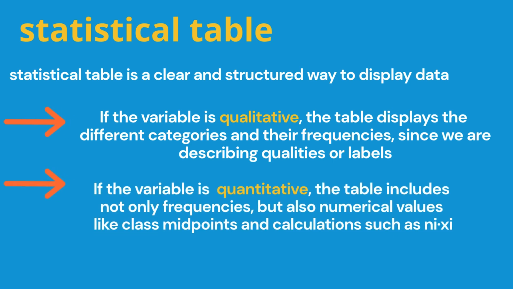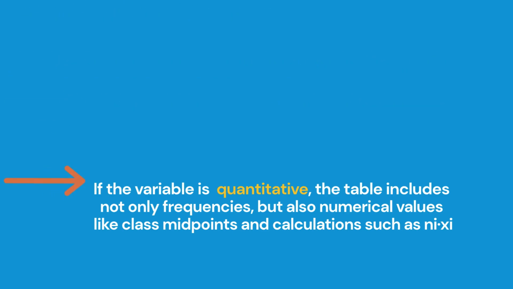To organize our data, we use statistical tables. The structure of the table depends on the type of variable. For qualitative variables, we list the categories and show frequencies, which means how many times each appears. And for quantitative variables, the table can include not only frequencies but also numerical values.